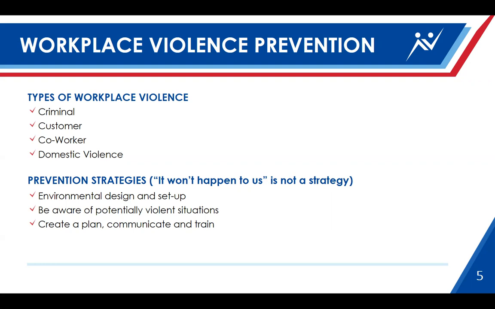Be aware of potentially violent situations. I think this primarily relates to the coworker workplace violence. So if you have two employees that aren't getting along and it's kind of a toxic situation, you want at the very least to try to keep them separate in their work environment so they're not having to interact with each other so much.